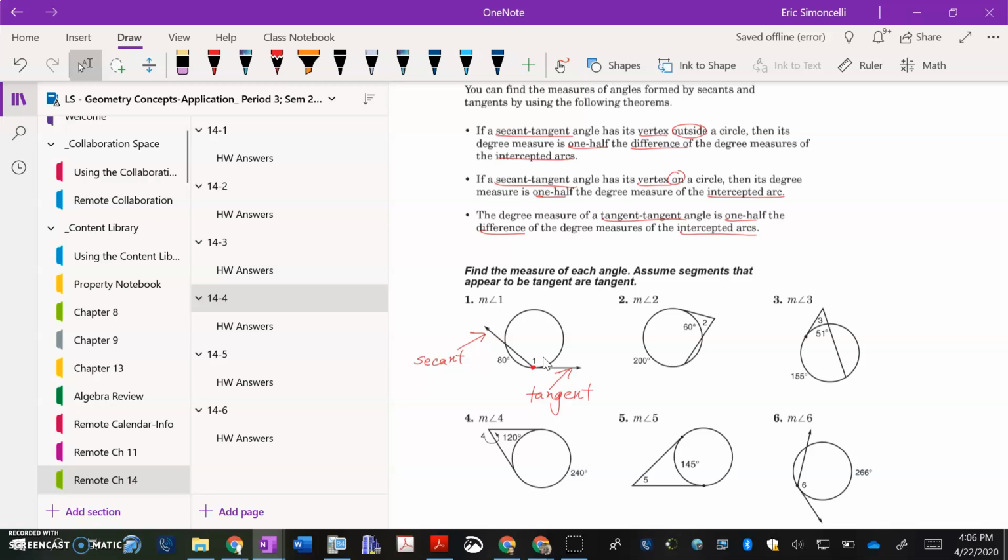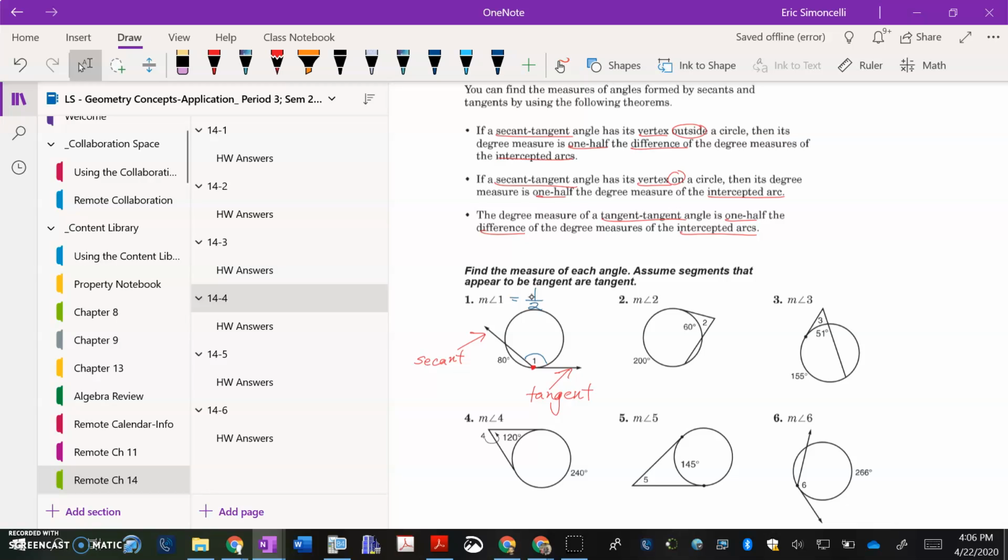So this is a secant-tangent relationship again, but on the circle, noting that the second bullet, not the first, is what we're going to apply in context. Again, we want 1/2 the degree measure of the intercepted arc. So this is the angle in question. So angle 1 should be equal to 1/2 the intercepted arc.